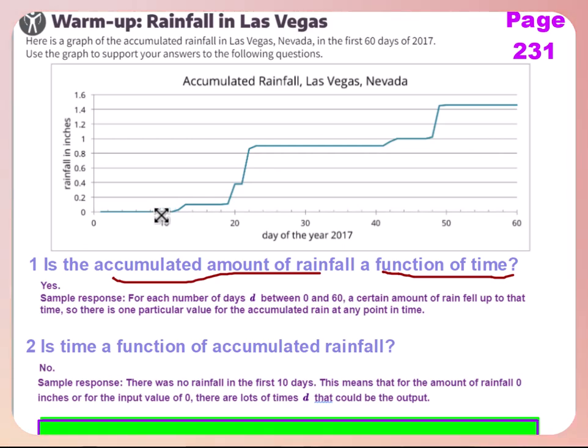This means that for the amount of rainfall, 0 inches for the input of 0, there are lots of times that could be the output. So with a function, for every input, you have only one output. But just remember that y is a function of x.